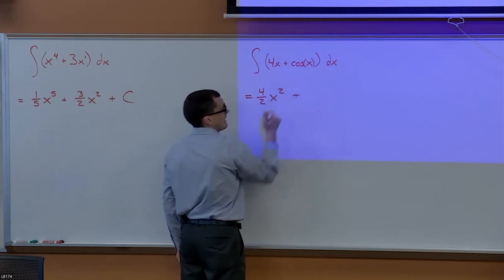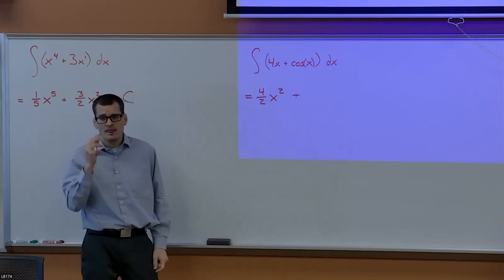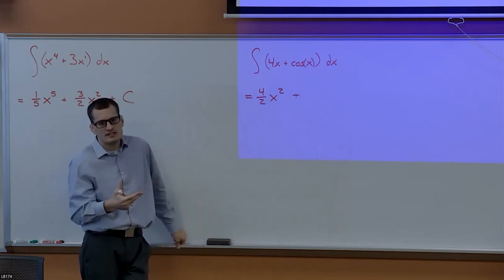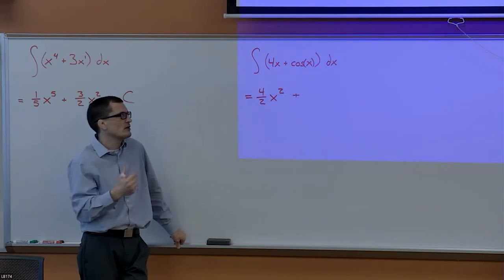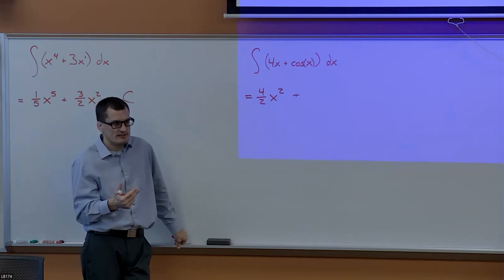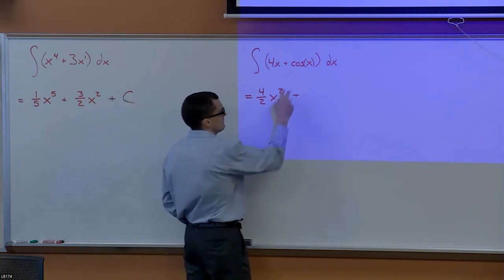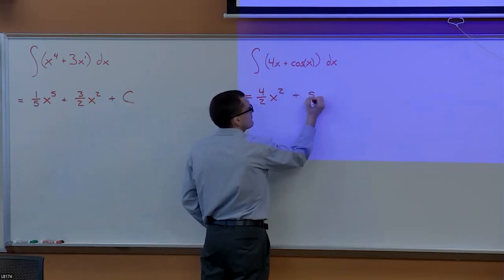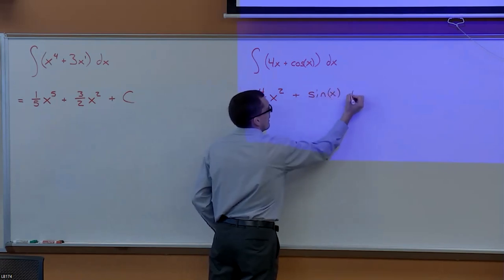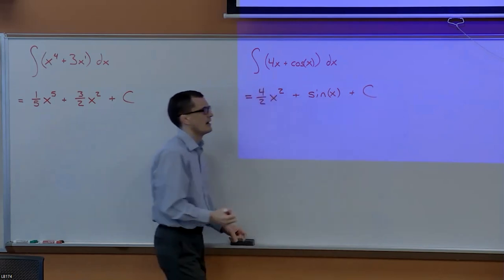For the cosine, we think of what trig function has a derivative that's cosine. And that's sine, right? So the antiderivative of cosine is going to be sine of x.